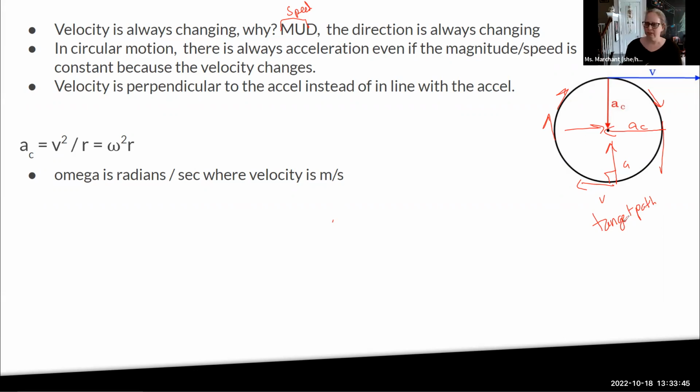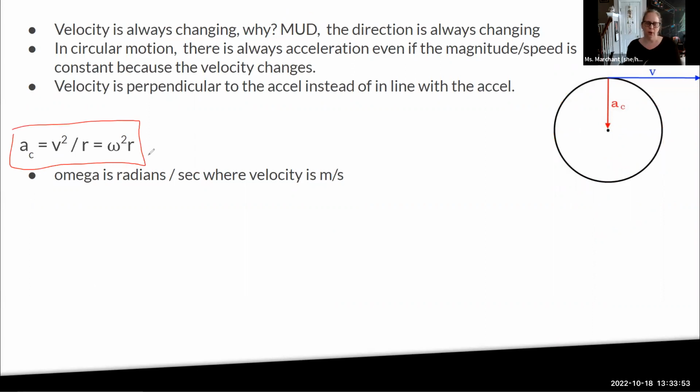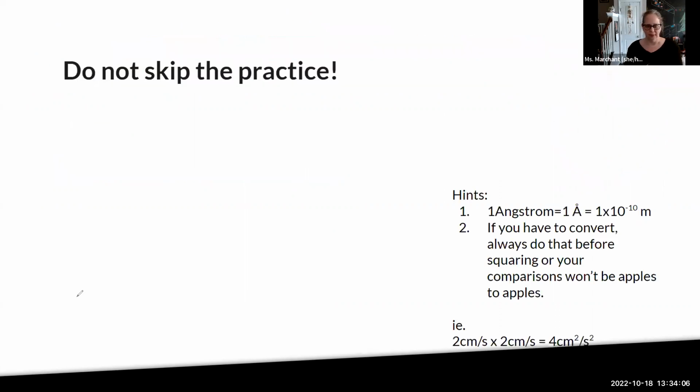So even if you have constant speed, you are still going to have changing velocity and an acceleration. And that brings us to our next equation. Okay, write it down both ways, but primarily what you're going to be using is v squared over r. So a totally different one. This only works for circular motion. Don't try to apply it any other place.